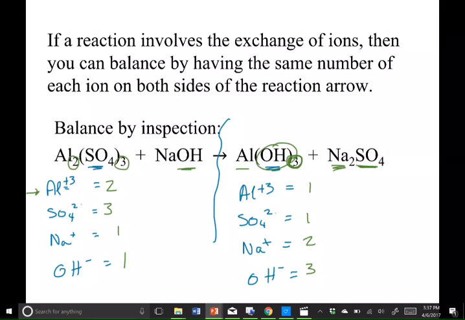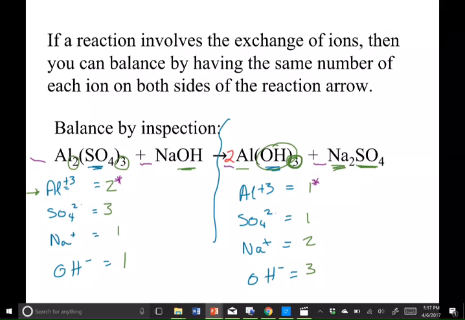So if I have 2 aluminums over here, how can I get 2 aluminums here? Well, if I put a coefficient, oh, I forgot to put my lines here. Let's go with purple lines. So where the purple lines are, that's where you can put a number. That's where stoichiometric coefficients go. If I put a stoichiometric coefficient of 2 in front of our aluminum hydroxide, now I need to update the aluminum and the hydroxide.